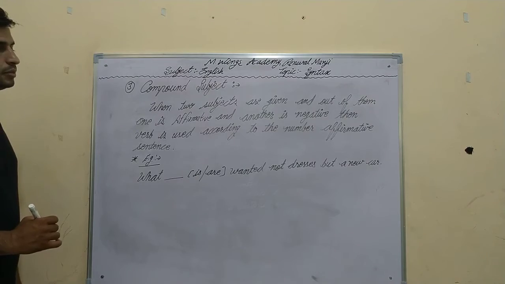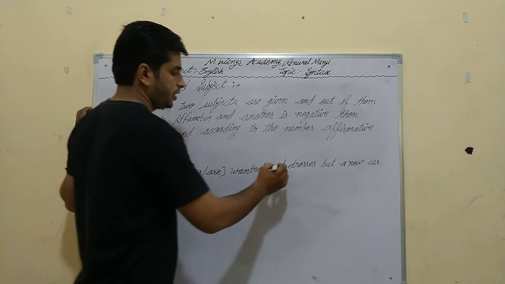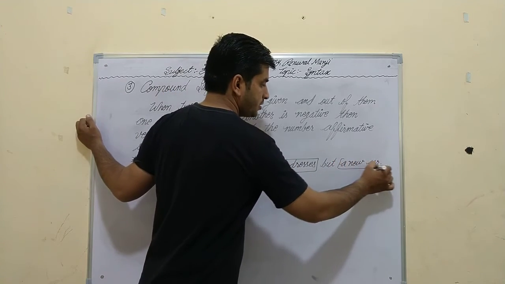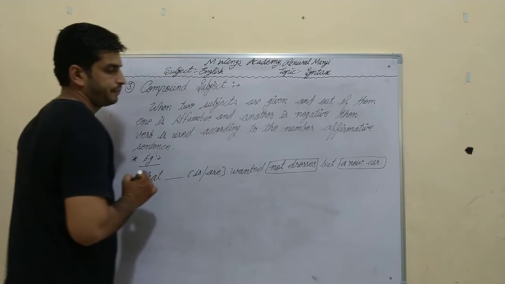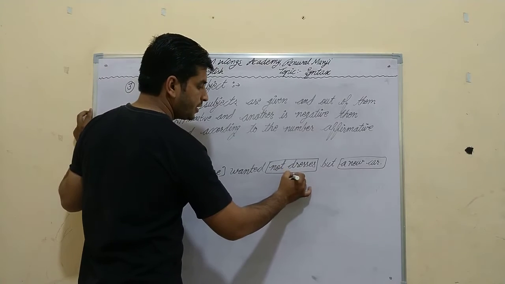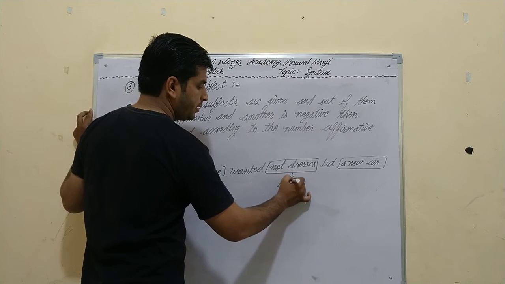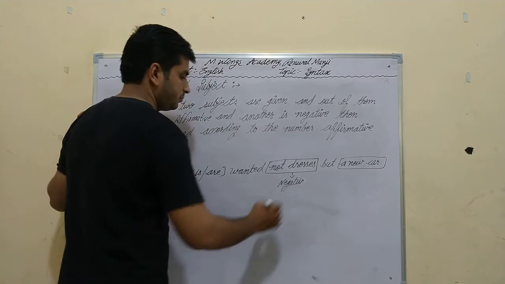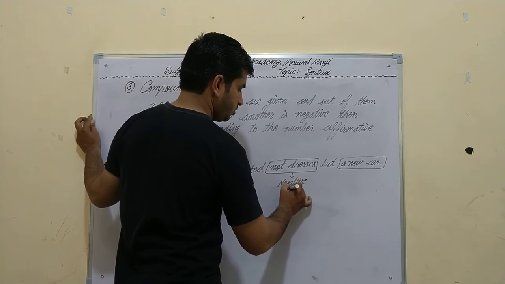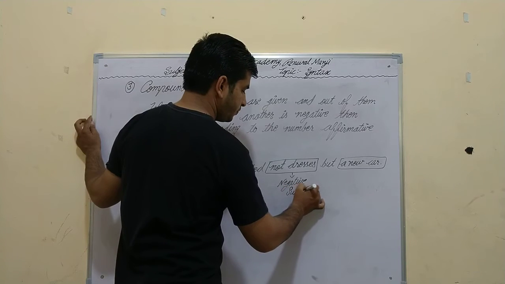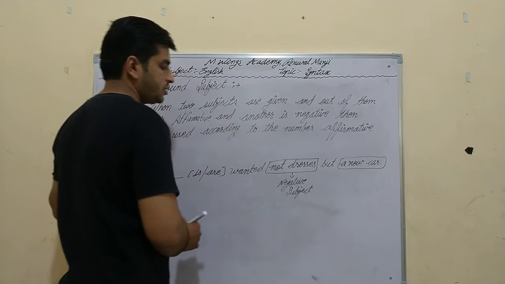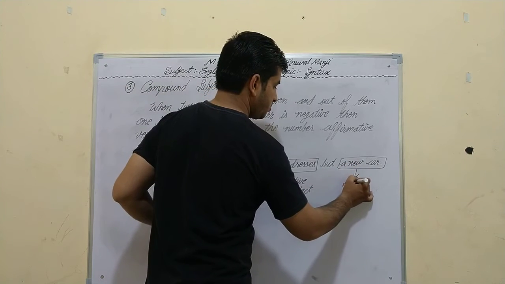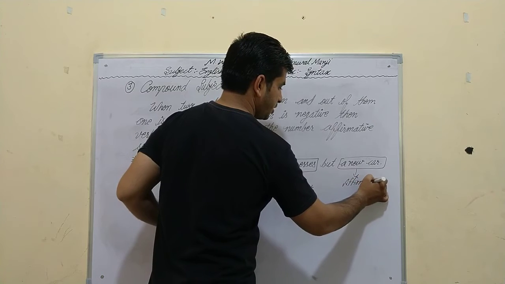So in this example we have two subjects. One is not dresses and the second is a new car. Here not dresses represents negativity, so it is the negative subject which shows a negative sentence, and this one is your affirmative, otherwise positive, subject.